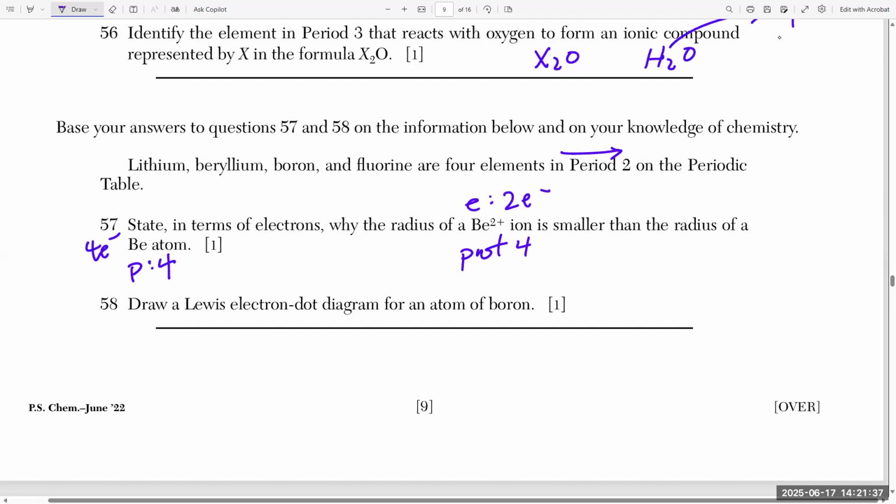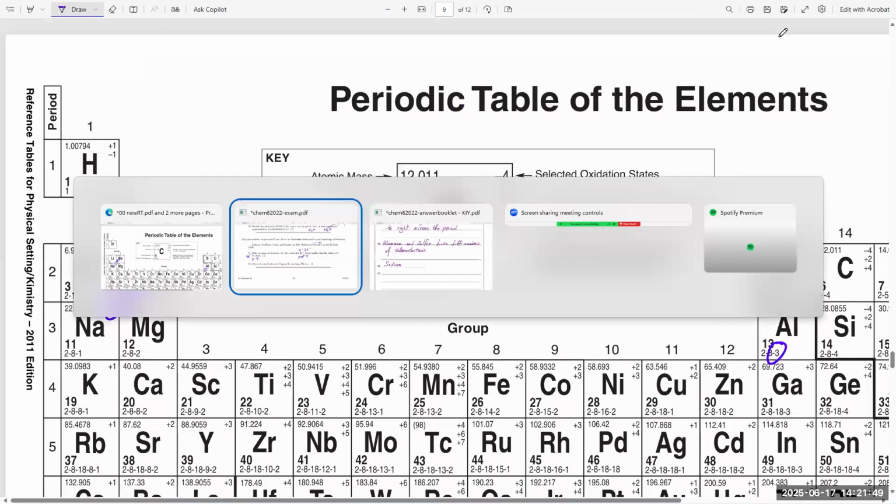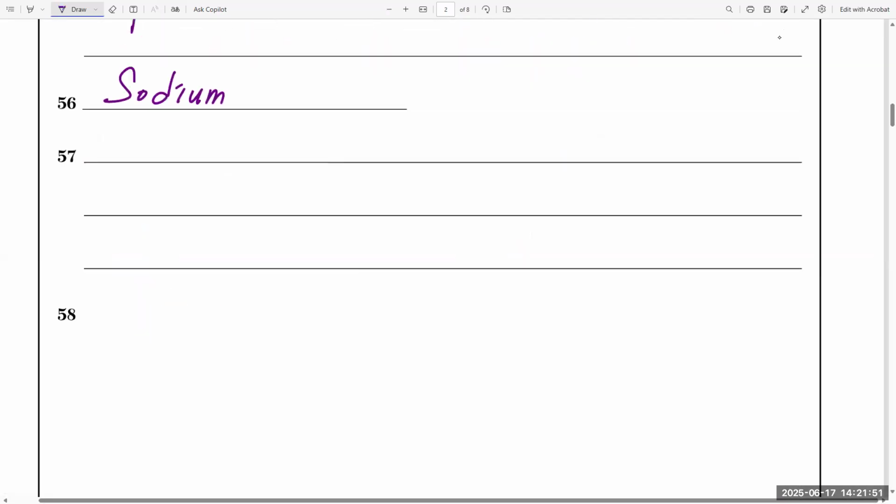So what do we know? We know that the beryllium cation, or any cation for that matter, has fewer electrons than protons in the nucleus. So the answer would be that Be2+ has 4 protons while only 2 electrons.